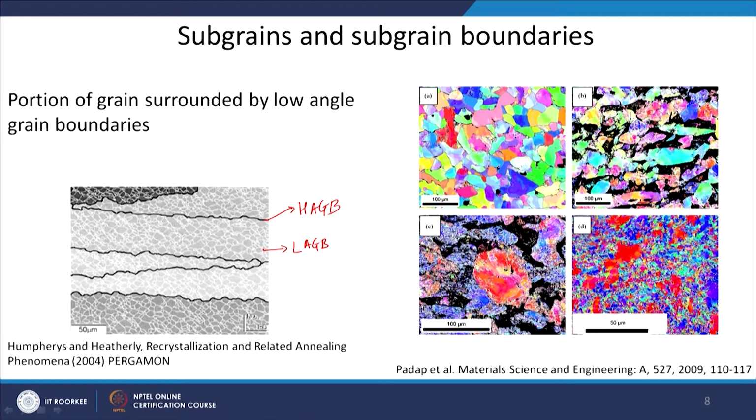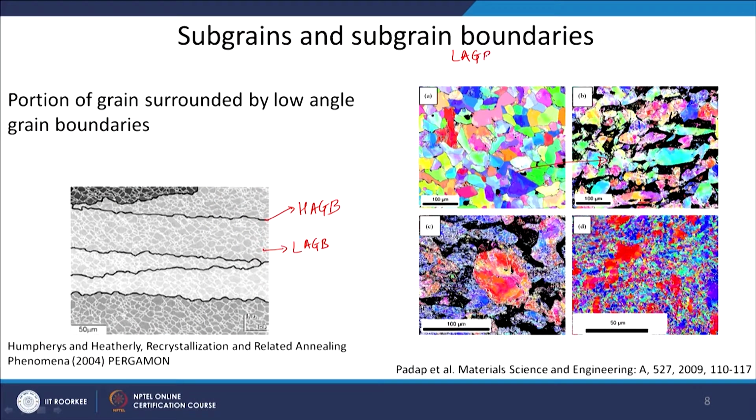We keep using these kinds of maps. You can see a microstructure here. This is before deformation, or maybe a small amount of deformation, and then you have more deformation here. The grains are now subdivided, and you can see a very large number of these white portions within the grain, subdividing it. So, a bigger grain is subdivided into smaller ones by these subgrain boundaries, which are also called low angle grain boundaries.